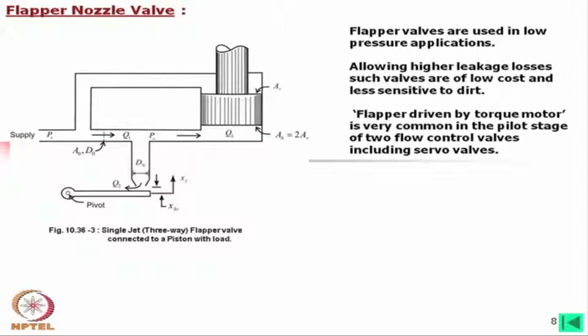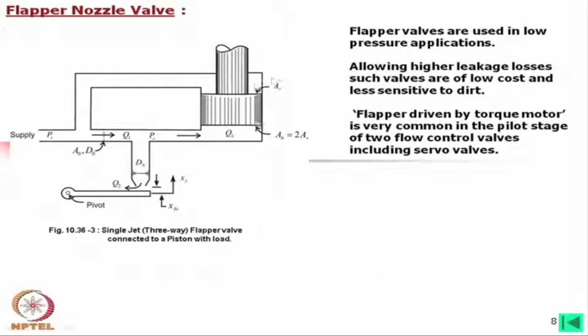This first stage is usually made of a flapper nozzle, and normally it is a double flapper. That means on the other side there will also be such a nozzle, with flow coming from the other way. But what I have shown here is a single one, and our basic analysis will be done only on the single one.